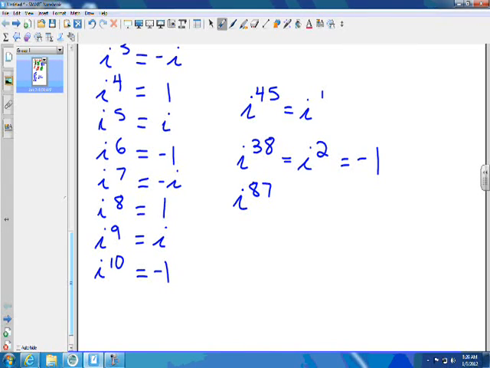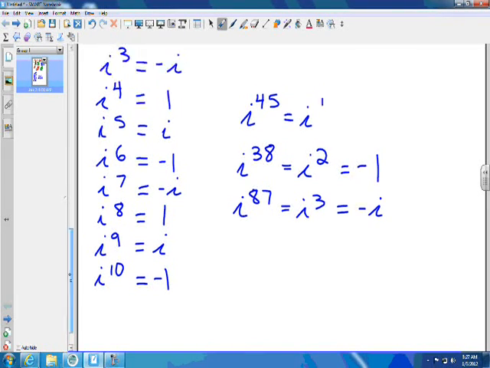Does that work? So 85 divided by 4. 84 divided by 4. Does that work? Yes. So how many do we have left between 84 and 87? So that would be i to the third. And what is i to the third? Negative i.